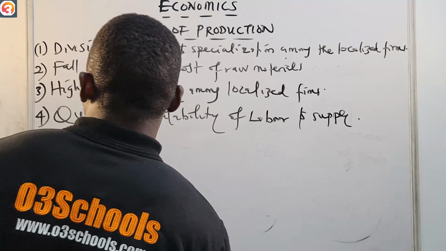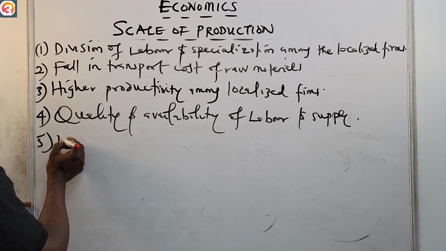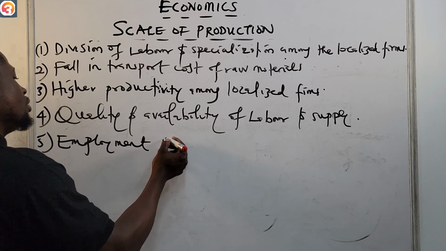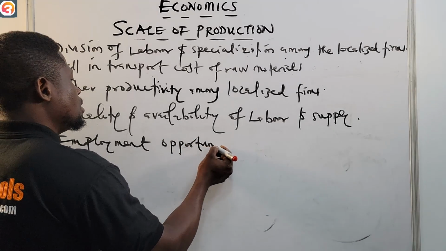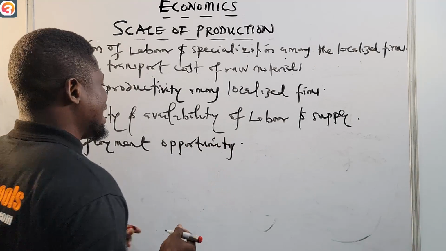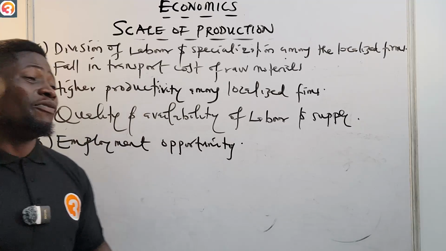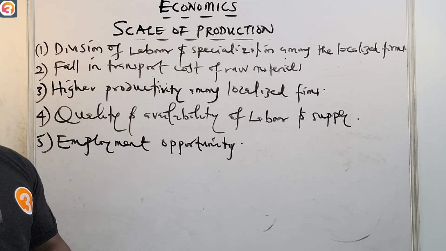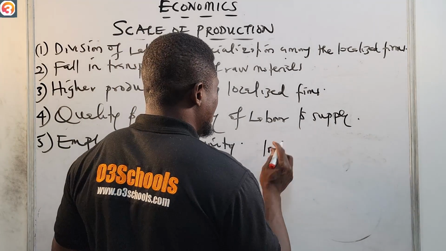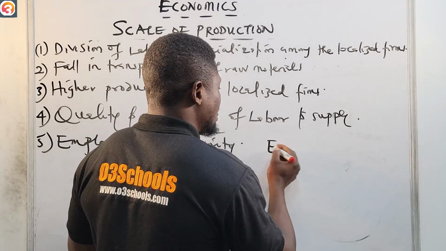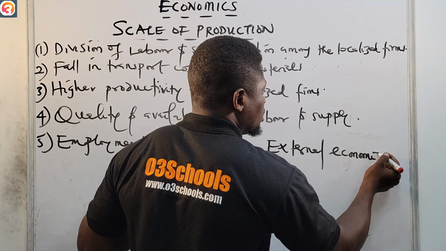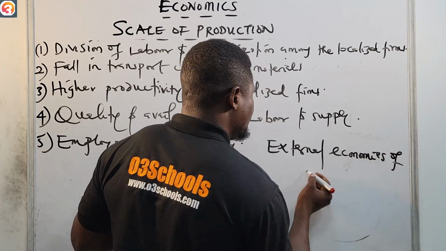All right, then the last one, employment opportunity. People in those localities, and people from everywhere, can get access to employment opportunities. So these are advantages that we call the external economies of scale.